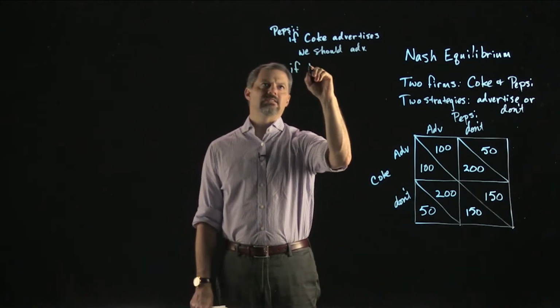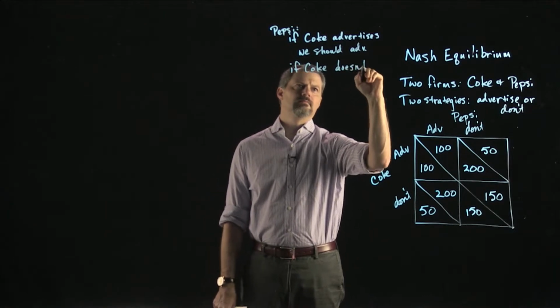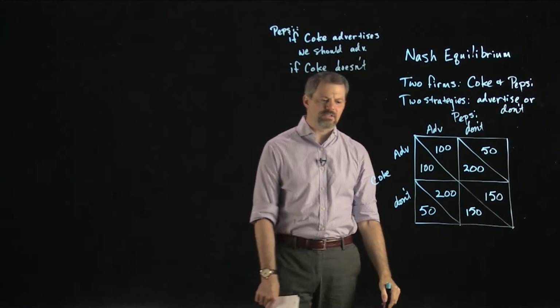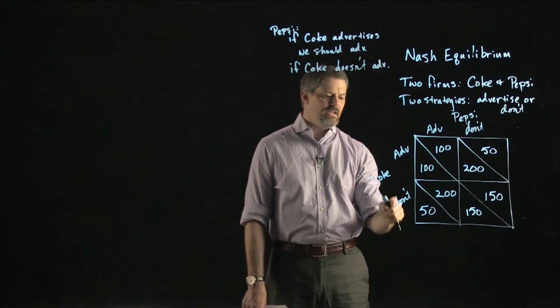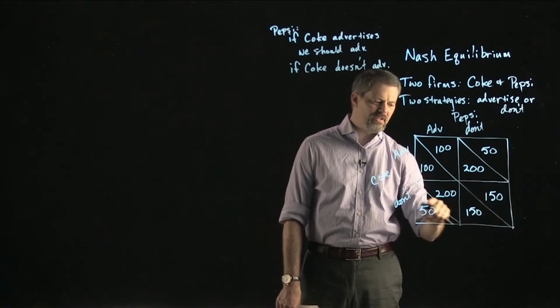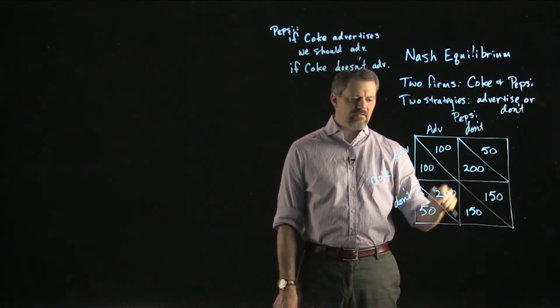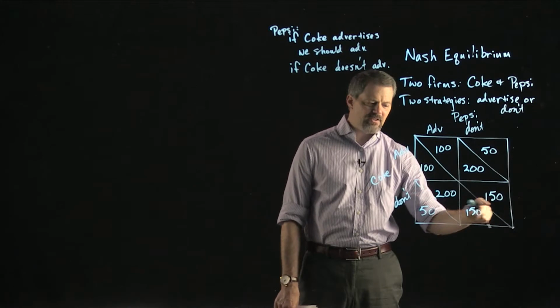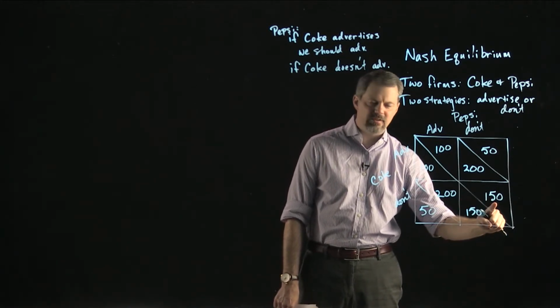If Coke chooses not to advertise, then we're in this row. We can either advertise or not advertise. If Coke's not going to advertise, we're going to have either this outcome of 200 or this outcome of 150.